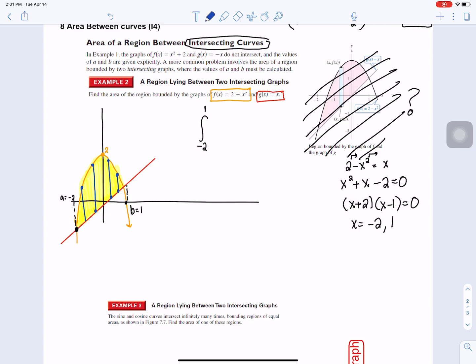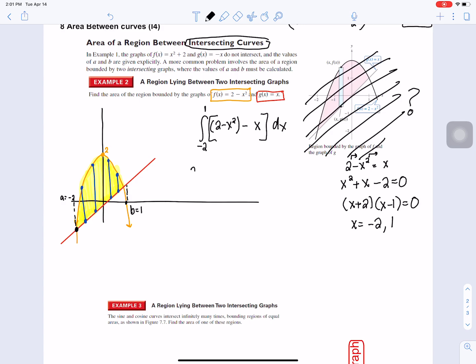And no matter where I put this vertical line, the top dot always sits on my top function, which is f of x, and the bottom part of the dot always sits on the red function, which is x. So now I'm going to do top function, 2 minus x squared, minus bottom function, and then I would just integrate with respect to x.